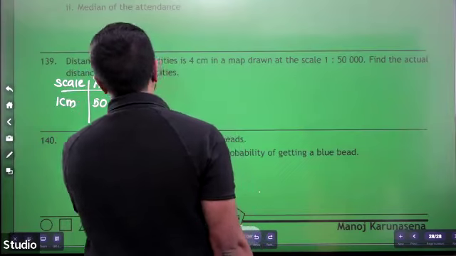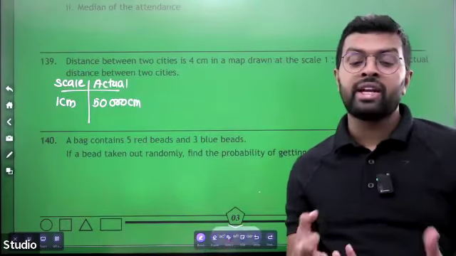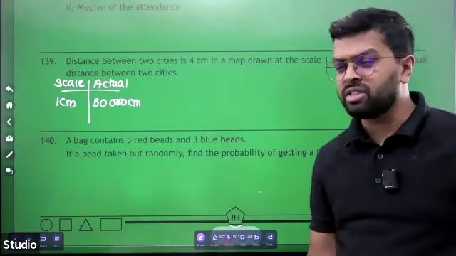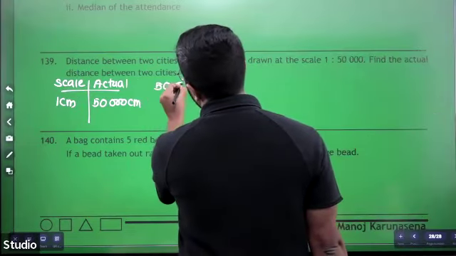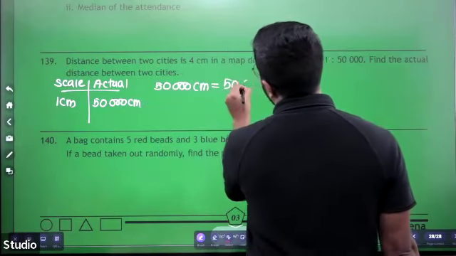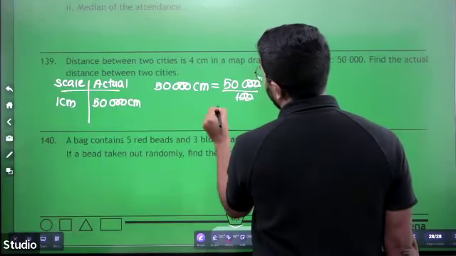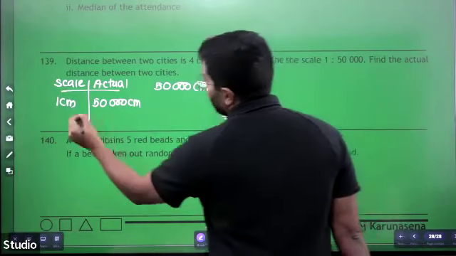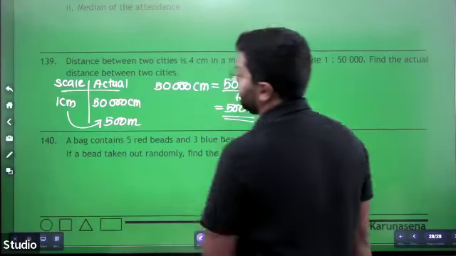Let's convert it into meters. 50,000 divided by 100 equals 500 meters.